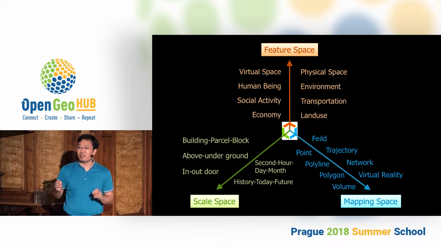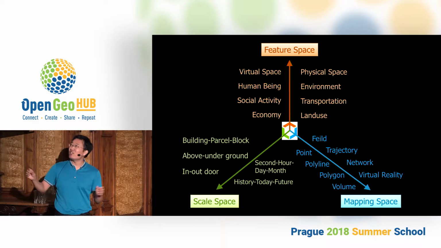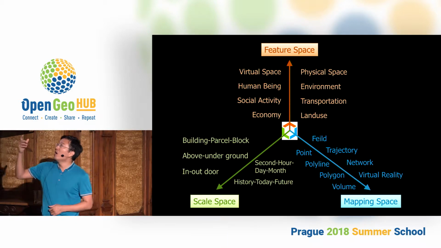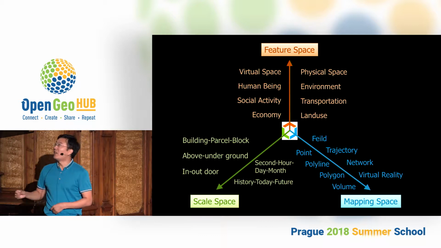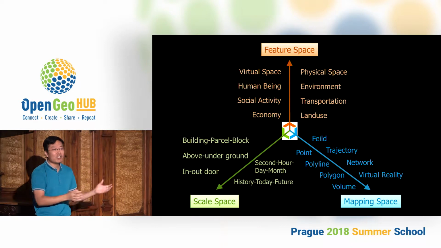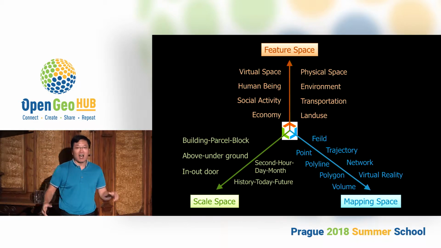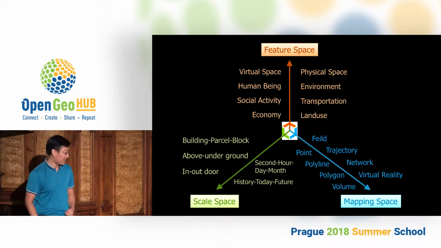Scale space means our study scales in the spatial dimension, from building to parcel to block, above and underground, indoor and outdoor. And for the temporal scale, we study the history, the today, and the future of our city. The mapping space means how we sense this kind of data and represent our cities.